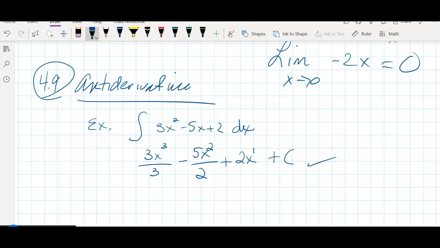So go up 1, divide by the new exponent. See? 1 goes up to 2, divide by the new exponent. You can clean it up.